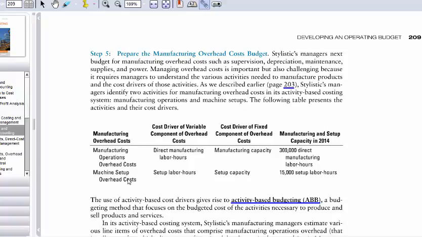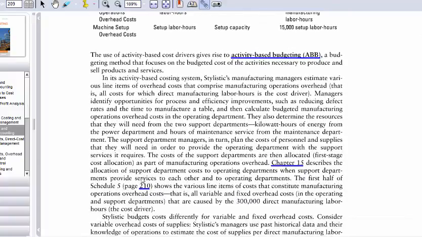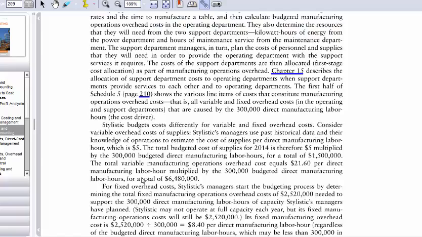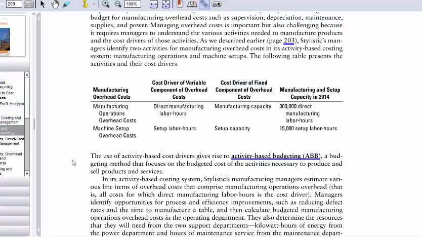They have their cost. Now, in our numbers, I want to say that we have $9 million in cost related to our manufacturing operations. Okay, so $9 million strictly related to the manufacturing operations. And then for our machine setup, we have $3 million strictly related to machine setup.